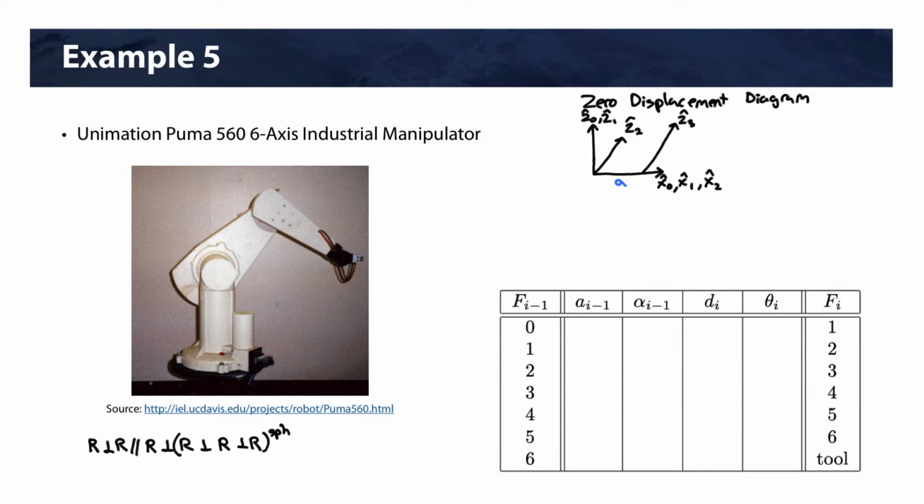But one of the first offsets that this robot has is there's a length B here. There's X3 there. So we have this B, which was 0 in the RRP, but it's a value here. As well as there's a length C here.